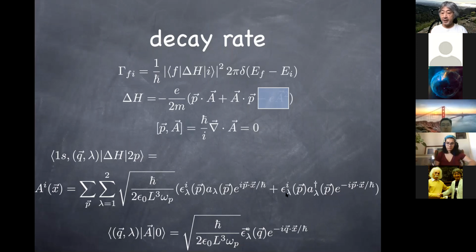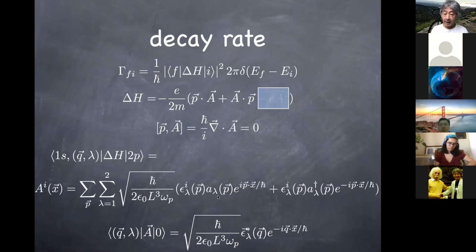Then the polarization vector is the linear combination of two of them with i between them. So it does matter whether you have complex conjugation or not. If you use those circular polarization vectors, you need to put a star here to make sure that the vector potential is a Hermitian operator.